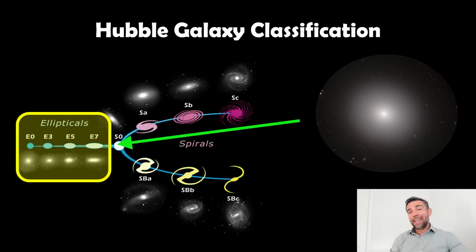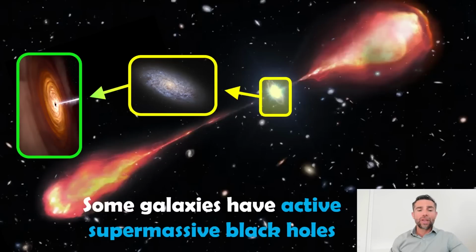And actually the E7, those ones that are more cigar shaped, might not actually be elliptical galaxies, but again, I've got another video on those. They might actually be lenticulars, which are disc-like galaxies, much older spirals which have lost their spiral arms. So these are more spherical shaped. They don't have the spiral arms, they've got less gas content, and they're older galaxies. So you've got your basic galaxy types.